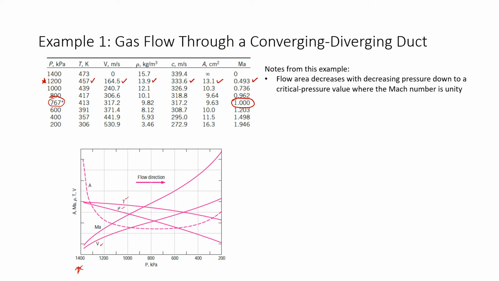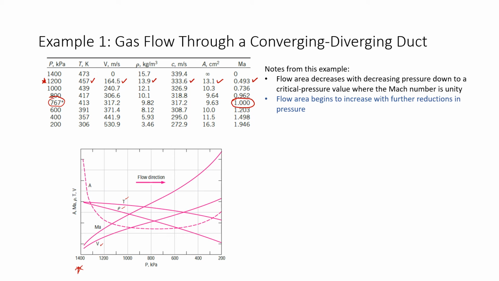The first thing is that the flow area decreases with decreasing pressure down to a critical pressure value where the Mach number is unity. So there's a critical point. Before that critical point, the area of the flow decreases. You can see that here, 13.1 down to 10, down to 9. And then after that, it increases again.